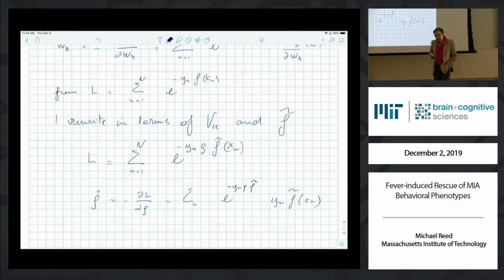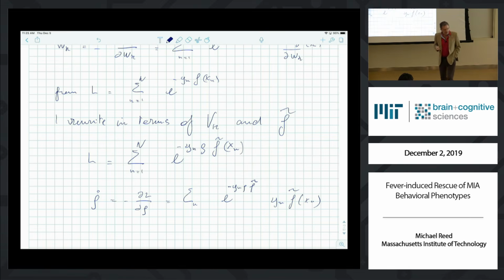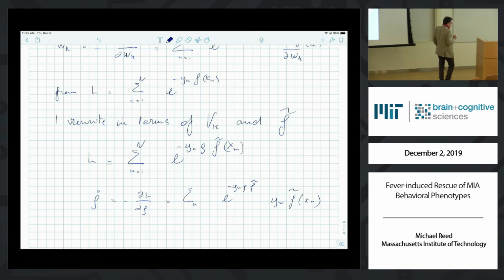Can you explicitly repeat what is the definition of this f tilde? Well, f tilde is the same.